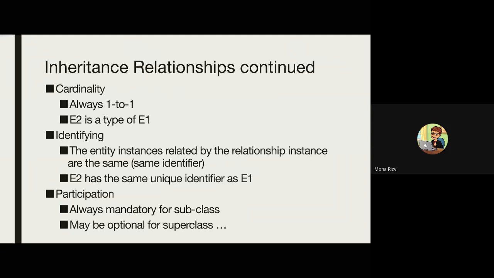Also, because it's like an identifying relationship, for the subclass, the participation in the relationship is mandatory. And for the superclass, it may be optional. For the subclass, it doesn't make sense that you have a subclass instance that isn't also the superclass instance, obviously, because they're one and the same. They share the same identity.